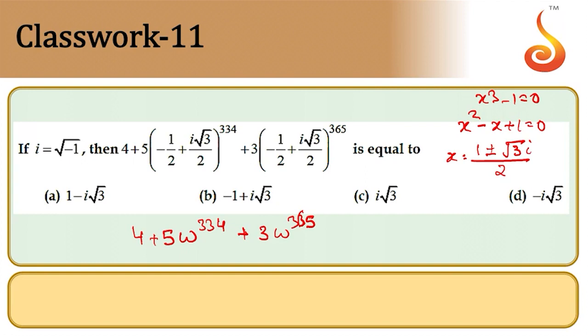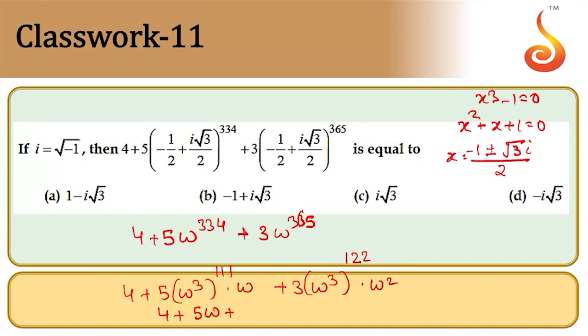So we get 4 + 5ω³ whole to the power 111 into ω plus 3ω³ to the power 121, and what is left over is ω². So we get 4 + 5ω + 3ω².